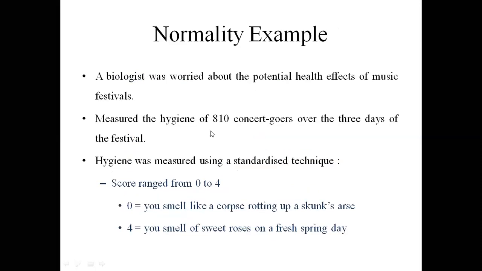So I am taking the same example which I earlier discussed with you. This case study: a biologist was worried about the potential health effect of music festival. 810 participants participated in a music festival, and then they gave their opinion from 0 to 4. 0 means you smell like a corpse rotting up, skunks, earth, and 4 means you smell of sweet roses on fresh spring. It means 0 is bad, and 4 is good.